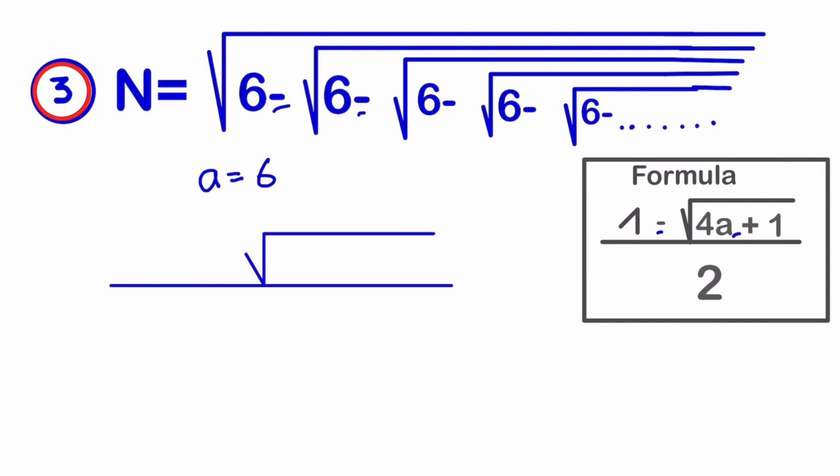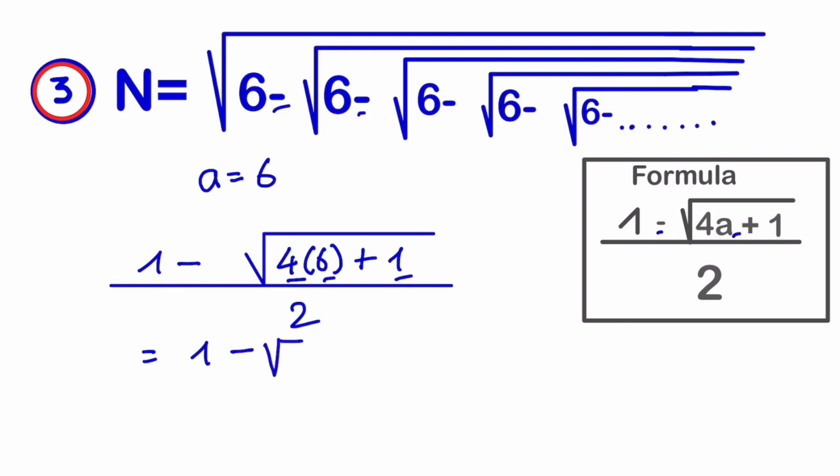So if we write this formula with the values, we are going to have 1 minus the square root of 4 times 6 plus 1 over 2. If we simplify this, we have 1 minus, 4 times 6 is 24, 24 plus 1 is 25.